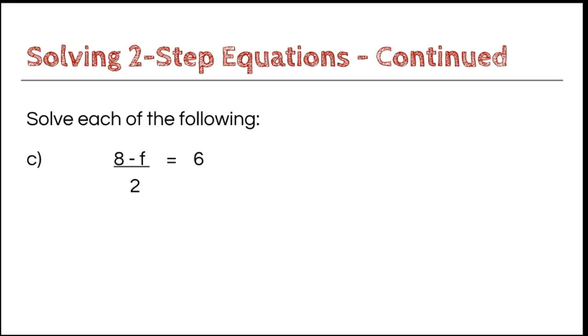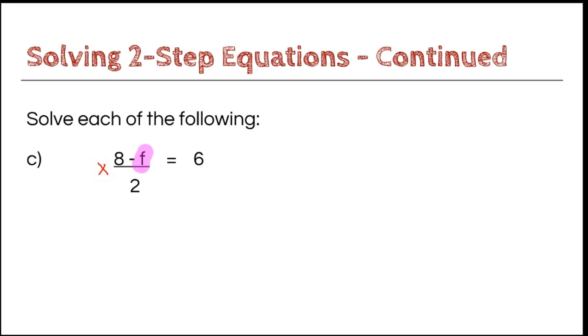All right, so this question is actually a little bit more difficult than the ones we've been doing today, and you'll see why as we move through it. So right away, I see that my variable is the f, and so my goal is to get the f by itself. And as in the previous two questions, that 2 on the bottom here that I'm dividing by needs to be removed.